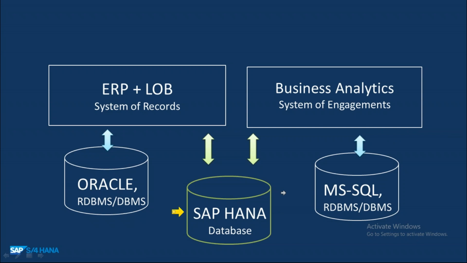Any system landscape will have SAP HANA as the underlying database that's going to replace the other existing databases, for example Oracle. So it's going to replace the Oracle database or SQL Server database or DB2 database.